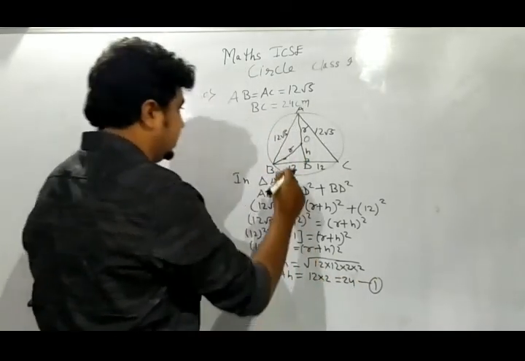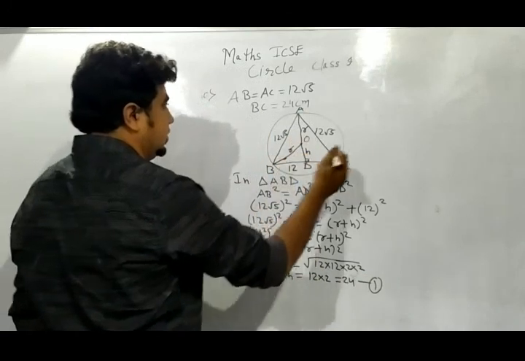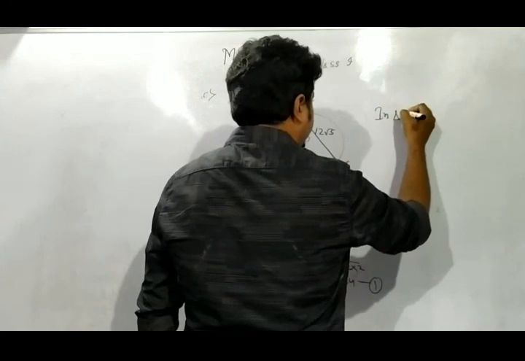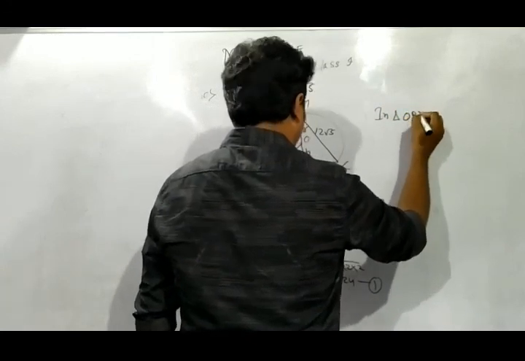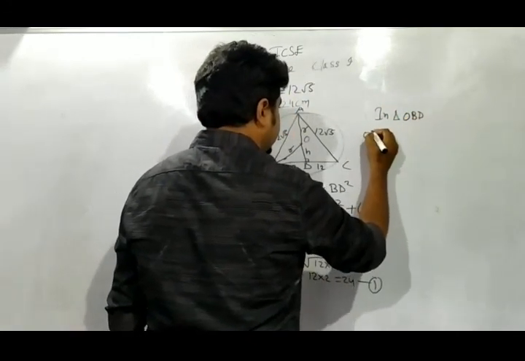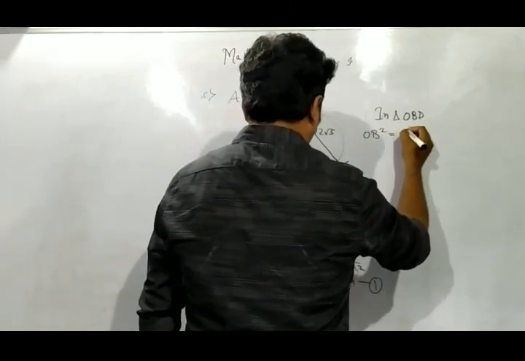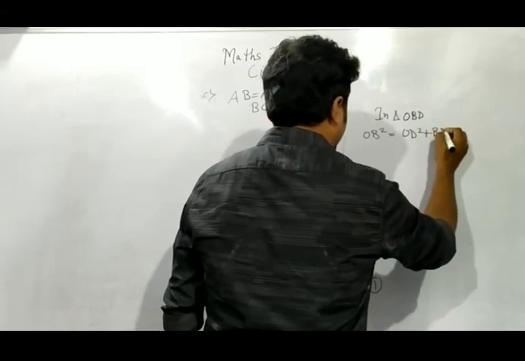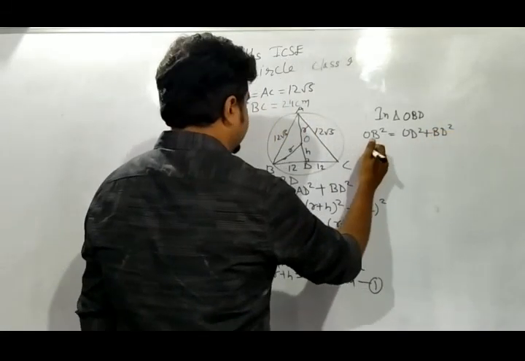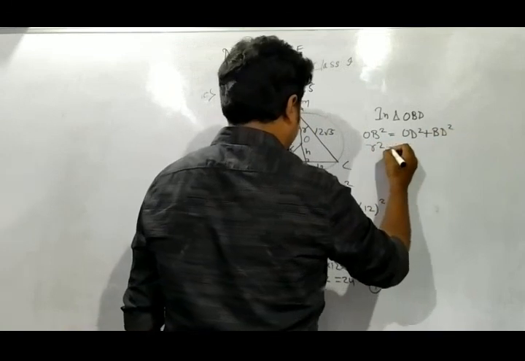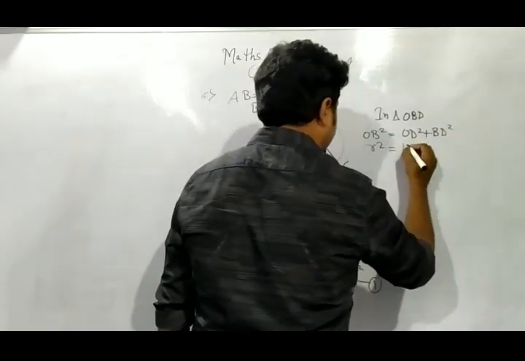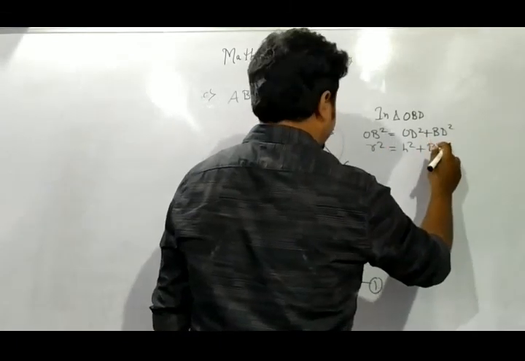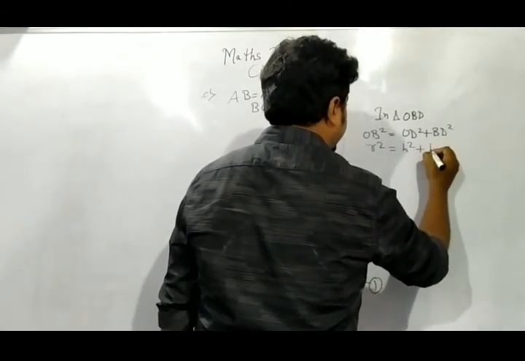In the second equation, if I take triangle OBD, I can write OB square is equal to OD square plus BD square. OB square is R square, equal to OD which is H square, plus BD which is 12 whole square.